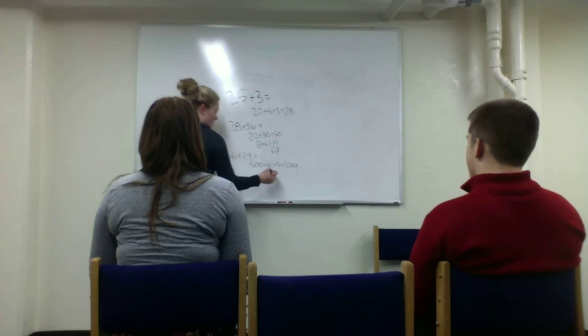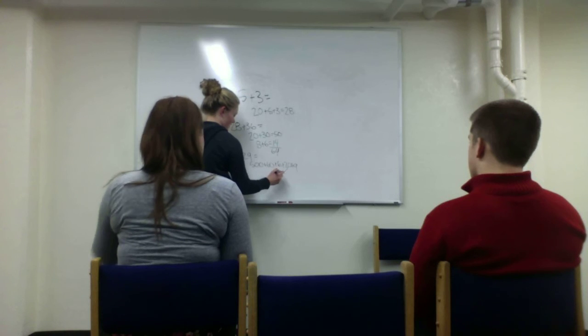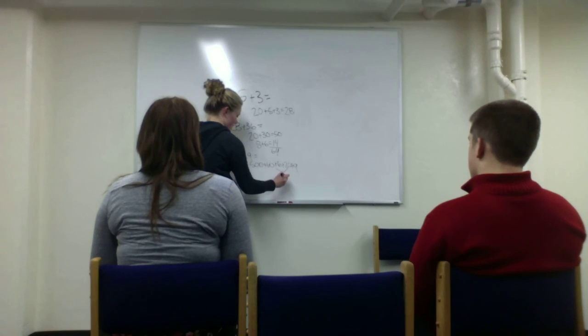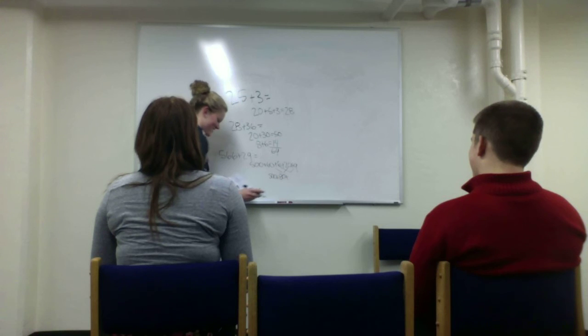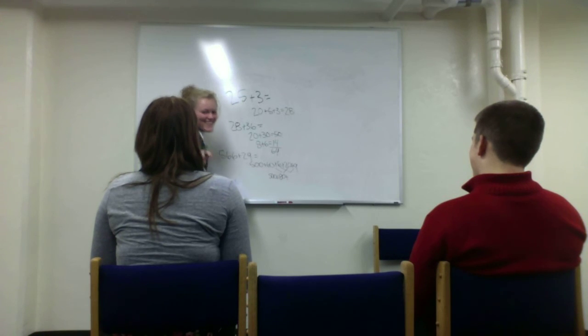Good. Okay, so to make this easier, we can bring these two down and get 150. We do 500 plus 150, and then 6 plus 9, which is? 15.